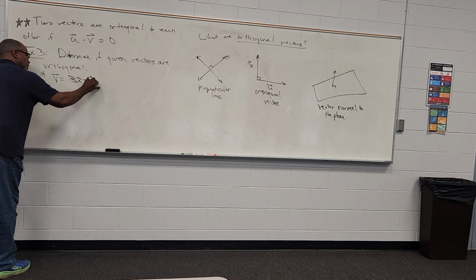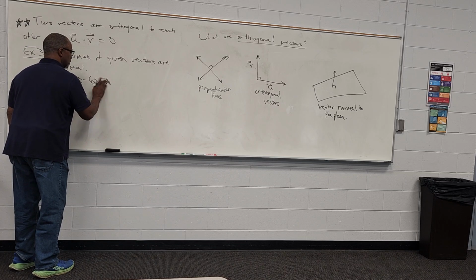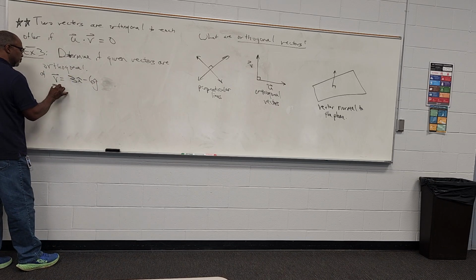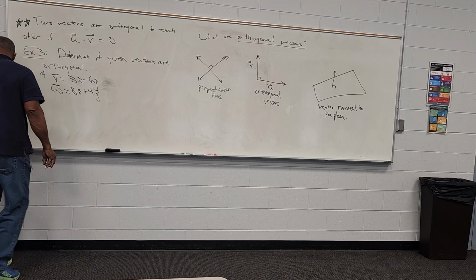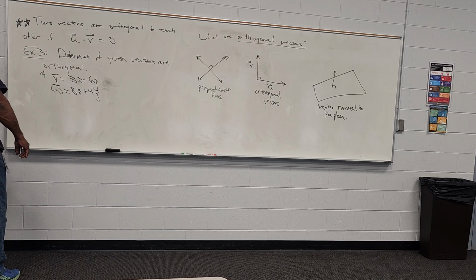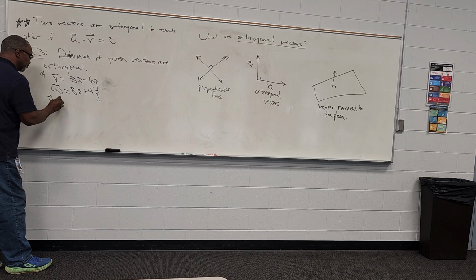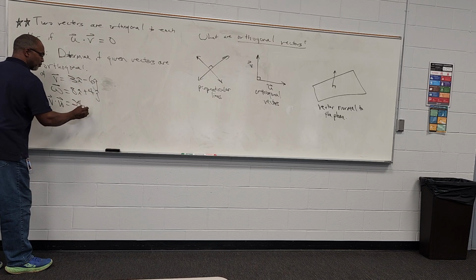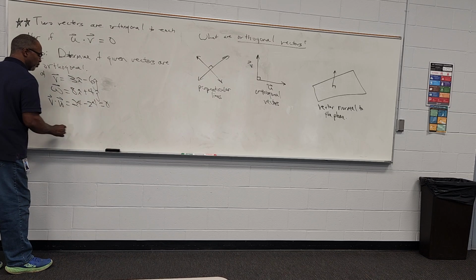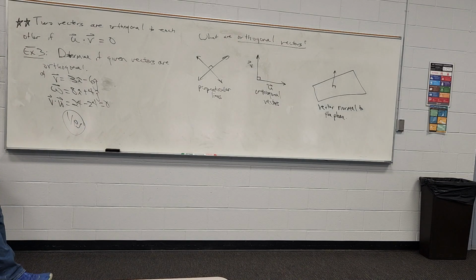And they say w is 8i plus 4j. So all I got to do is take the dot product. 3 times 8 is 24. Negative 6 times 4 is minus 24. So that equals 0. So are they orthogonal? Yes. Since their dot product is 0, they're orthogonal to each other.